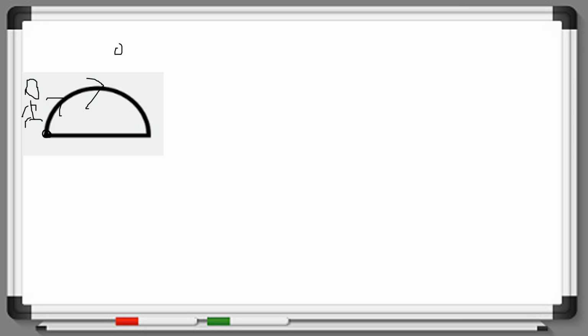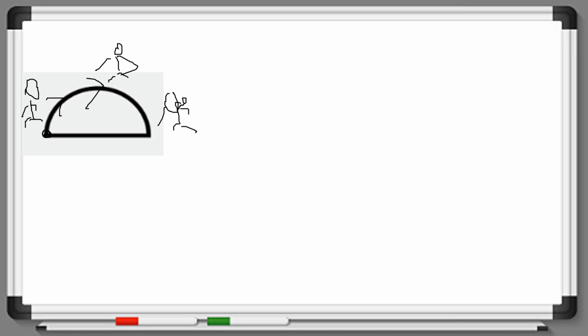Okay, suppose I start from a point and I complete a semicircle. Suppose I start from a point and move along this direction. A person starts from this point, moves along this direction and reaches this point.